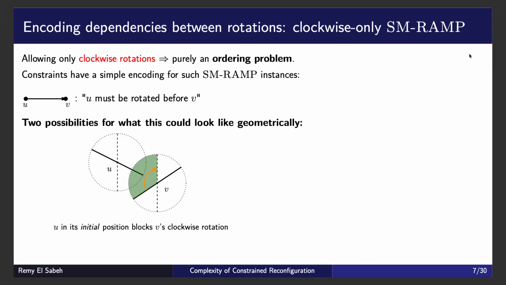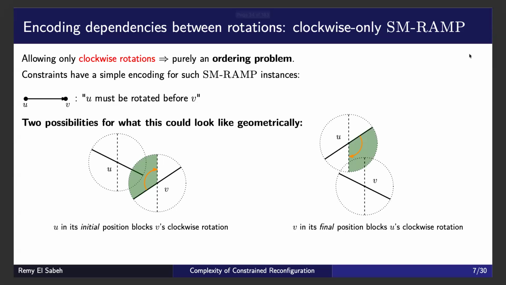So that's one case. And another case, which is maybe a bit less obvious, is this one. So here, you'll see that V's vertical position is what blocks U's clockwise orientation. So in other words, if V is vertical, U clearly cannot rotate clockwise.